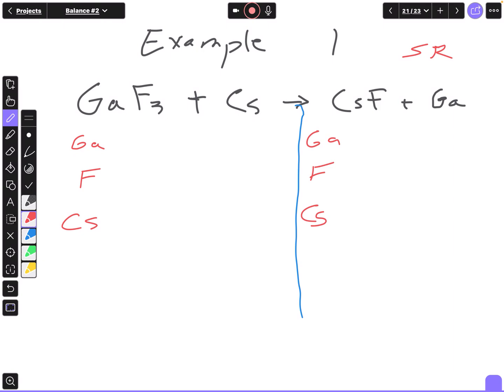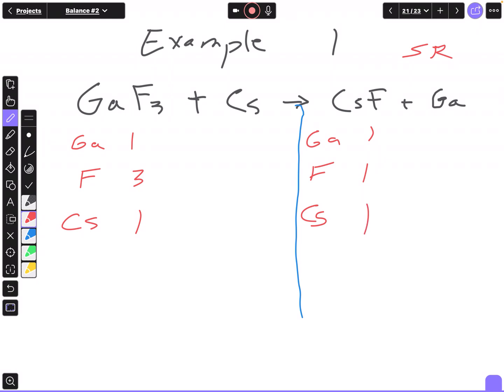So I count on the left, I have 1 gallium. Fluorines, I have 3. Cesiums, I have 1. And by the way, in your notebooks, you need to start writing this example down right here, the ones that we work. It's been a review up to this point right here. Now on the right, I have 1 gallium, I have 1 fluorine, and 1 cesium.